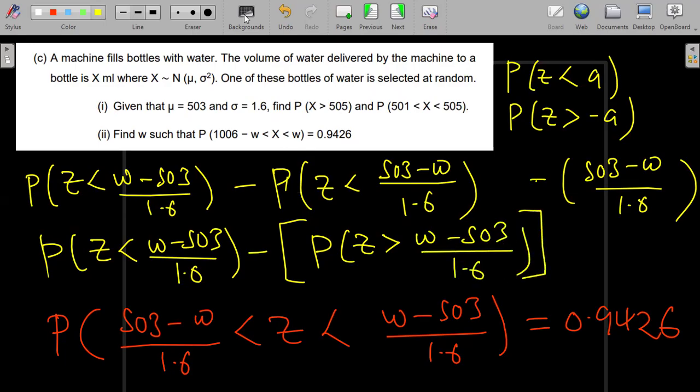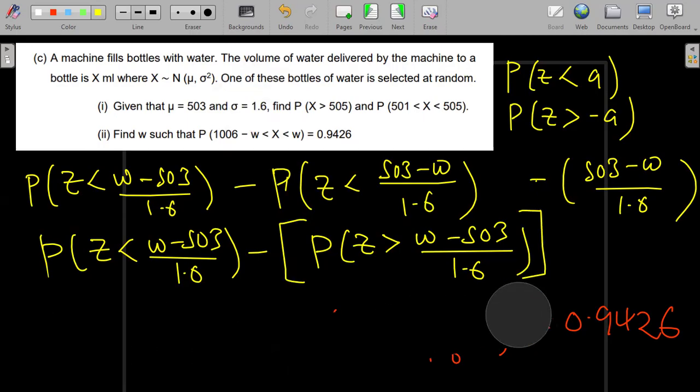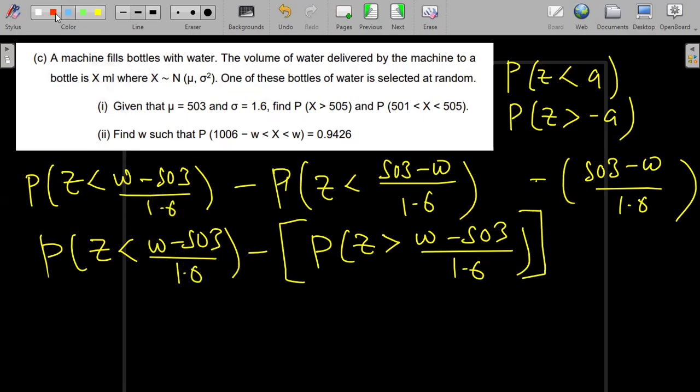I'm doing that so that it should be the same as this one here.